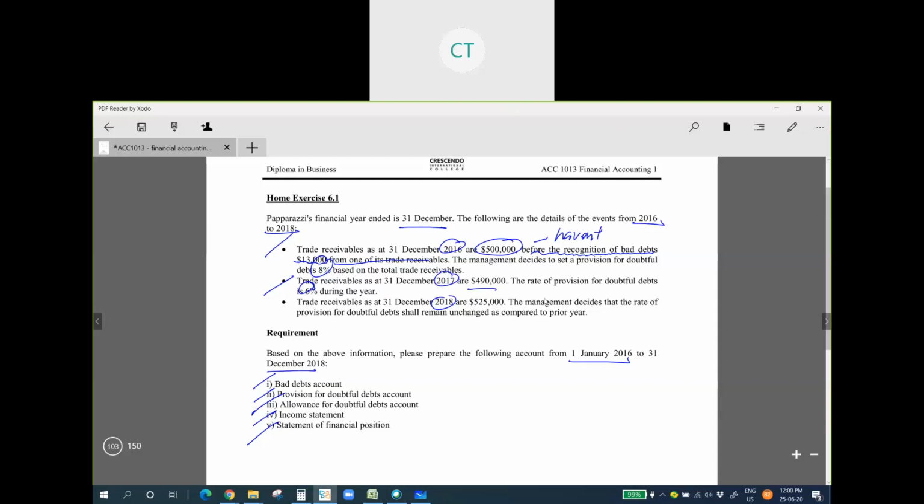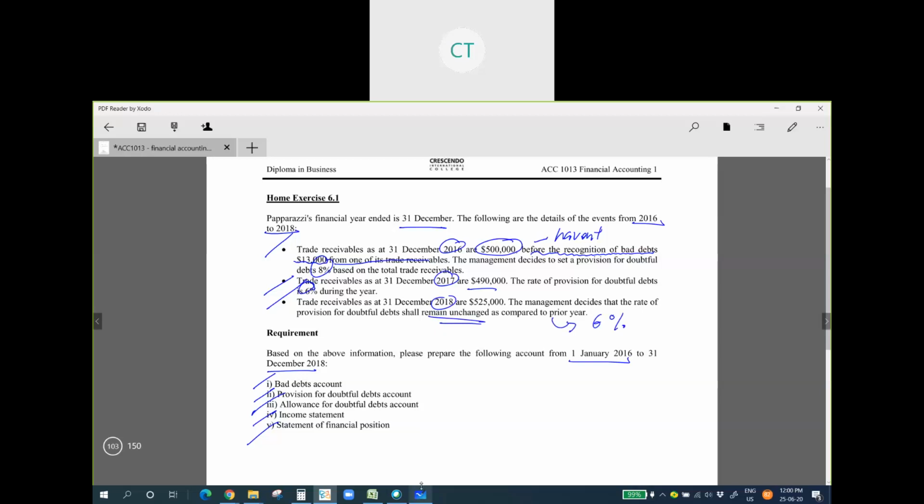Right. So 2018 current receivable is 525. The management decides that the rate of provision for doubtful debt shall remain unchanged as compared to prior year. So if it remains unchanged, the rate should be 6%.